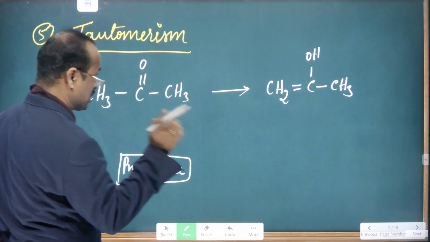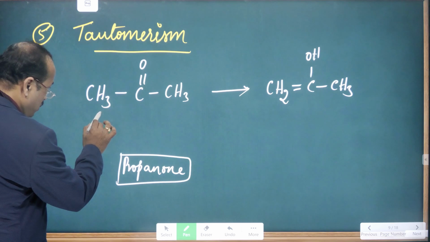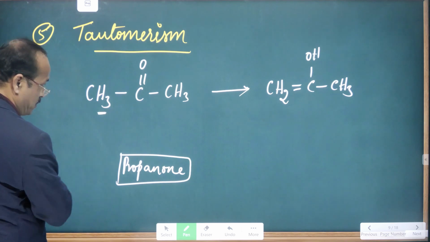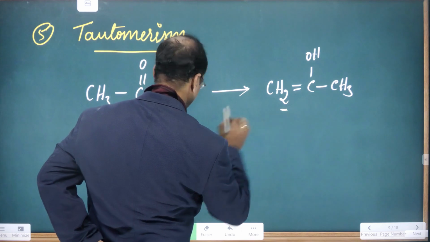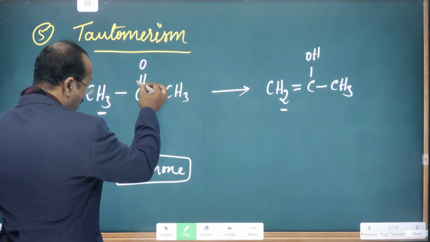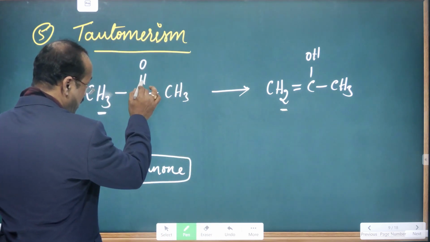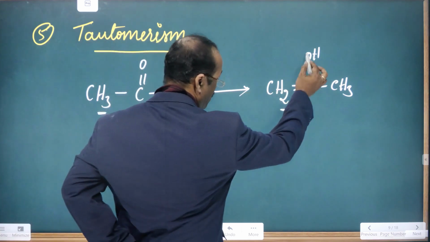Observe carefully these two structures. How many hydrogens are there? 3 hydrogens are there, right? But here how many hydrogens are there? 2 hydrogens. And between carbon and oxygen, which bond is there here? Double bond. But between carbon and oxygen here, single bond.